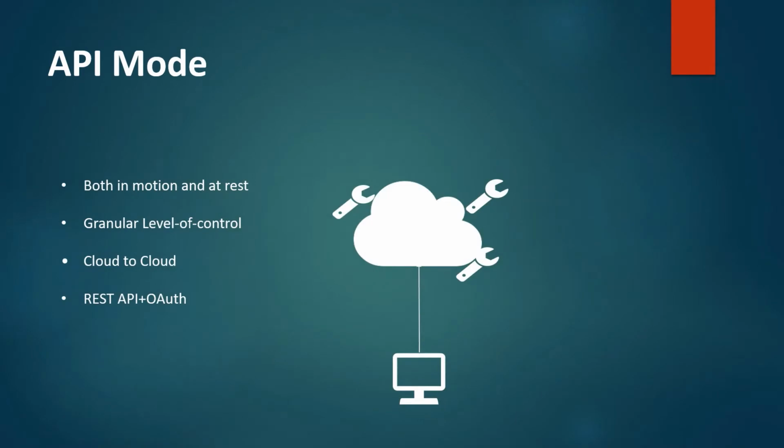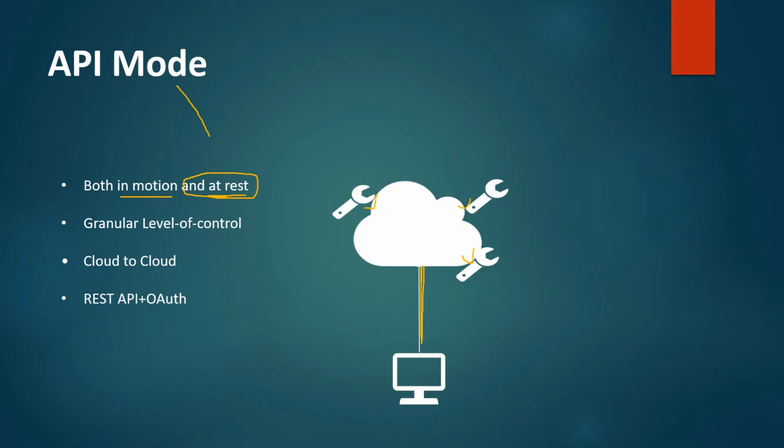In API mode, the controls are actually put in the cloud application or cloud service you're using, and that can cover both data in motion and data at rest. In motion means the data that's routing from the client to the service, and data at rest is only addressable using CASB controls in API mode.